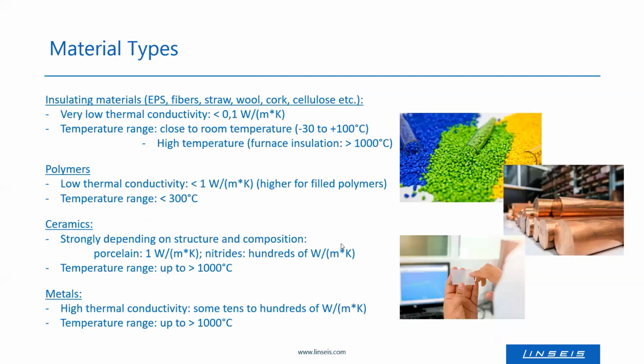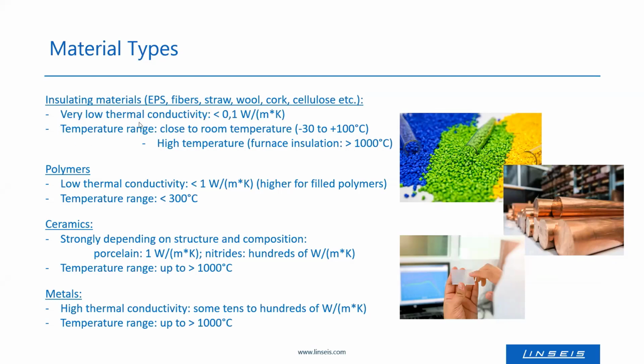So there are different material types, which I already showed briefly at the beginning. There are insulating materials like expanded polystyrene or fiber, straw, all these organic materials, often air-containing materials, which have very low thermal conductivity.